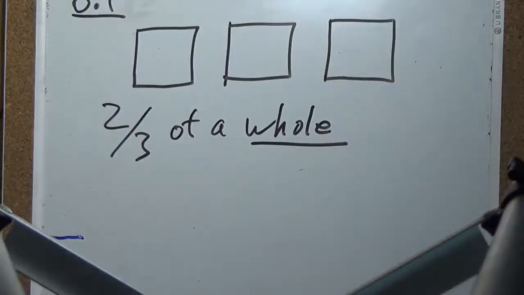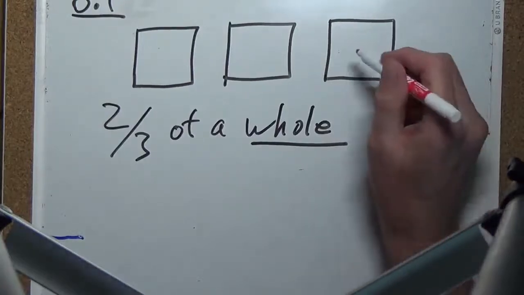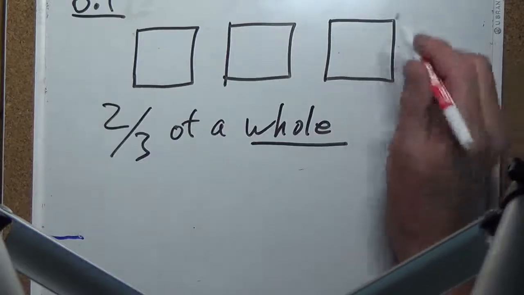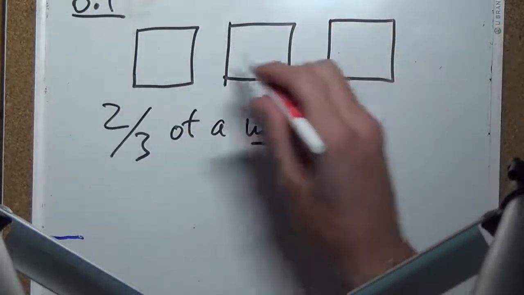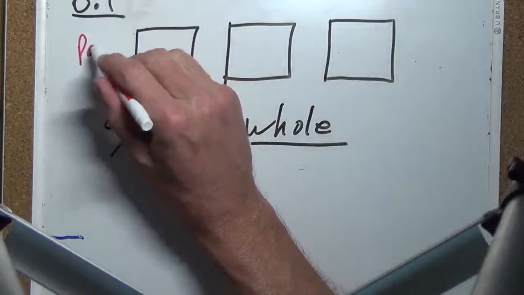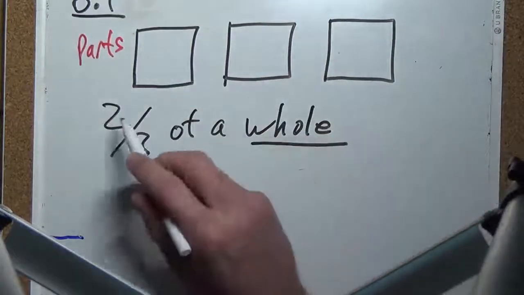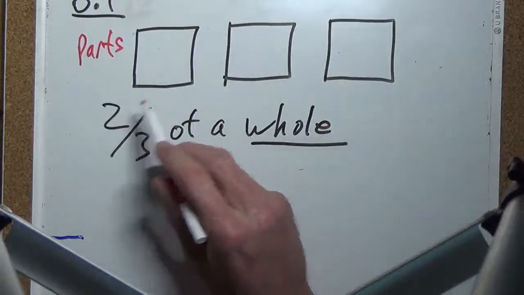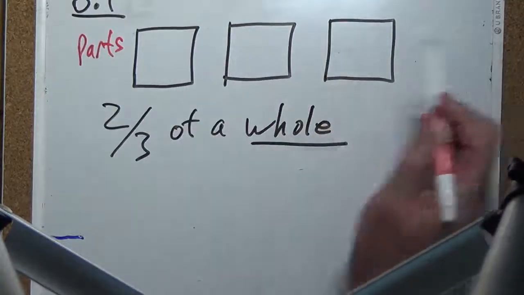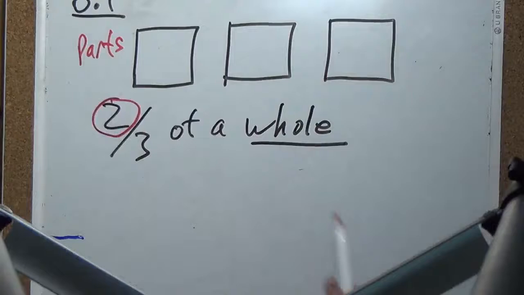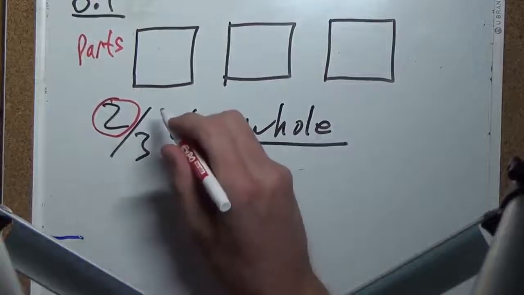Well, the problem is, these are the parts of something that we have. So these all represent parts. In the previous problem, we had 3 in our numerator and we had 3 parts and it was easy. Now I've got 3 squares, but my numerator says I need 2 equal pieces.